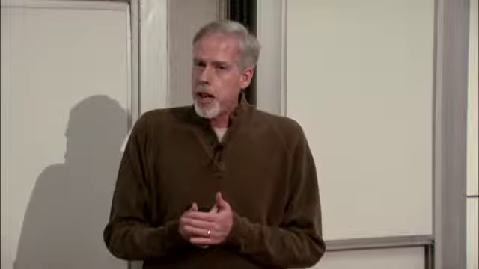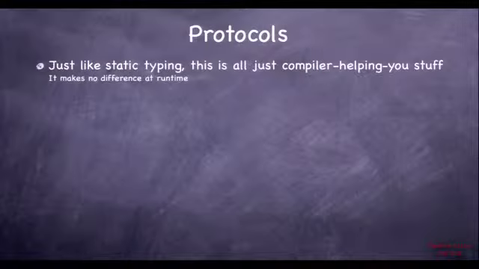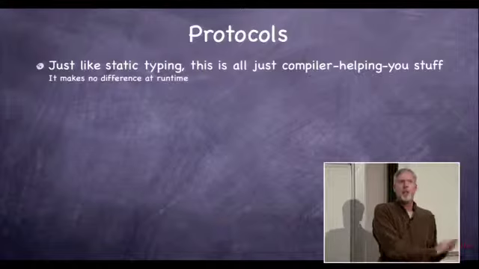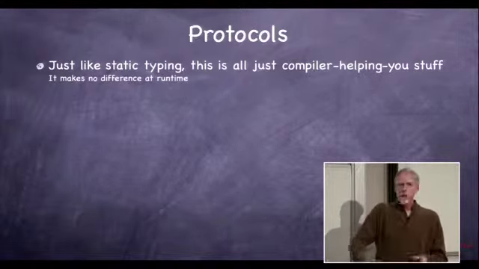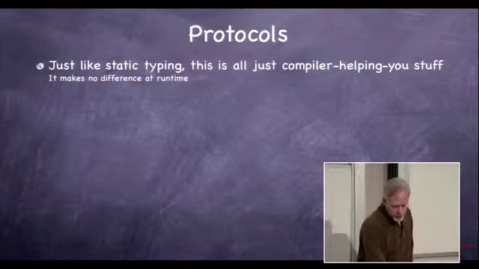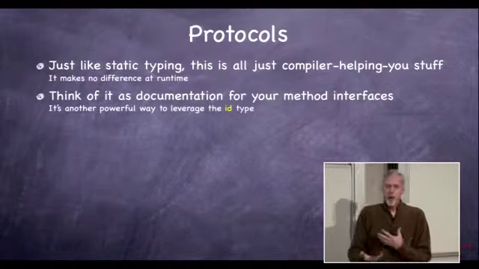Okay, just like static typing, all this stuff is just sugar for the compiler to help you find bugs. At runtime, it doesn't matter. At runtime, the runtime is going to look at the object and see if it actually implements that method. And if it does, it's going to send the message. And if not, it's going to raise an exception. No matter what you did in terms of protocols or static typing or anything in your code, this is all just the compiler helping you find problems.